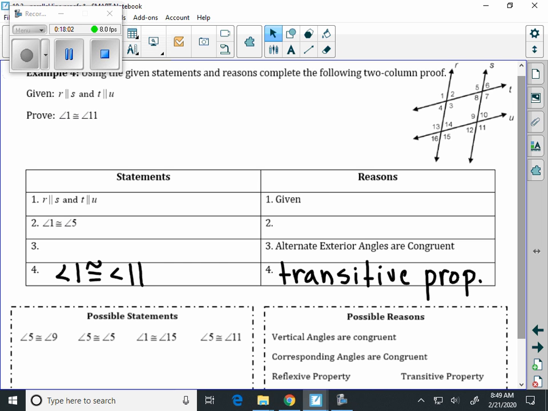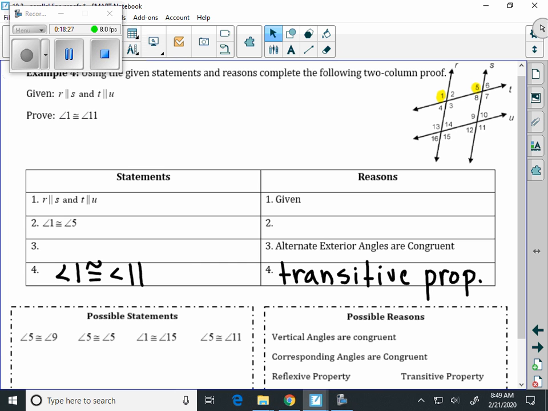Now a little bit more confusing picture because we've got two sets of parallel lines. We've got R and S parallel, we've got T and U, but let's look at angle 1 and angle 5. Well, here's angle 1, here's angle 5. And seeing the pattern, what kind of angles are angle 1 and angle 5?